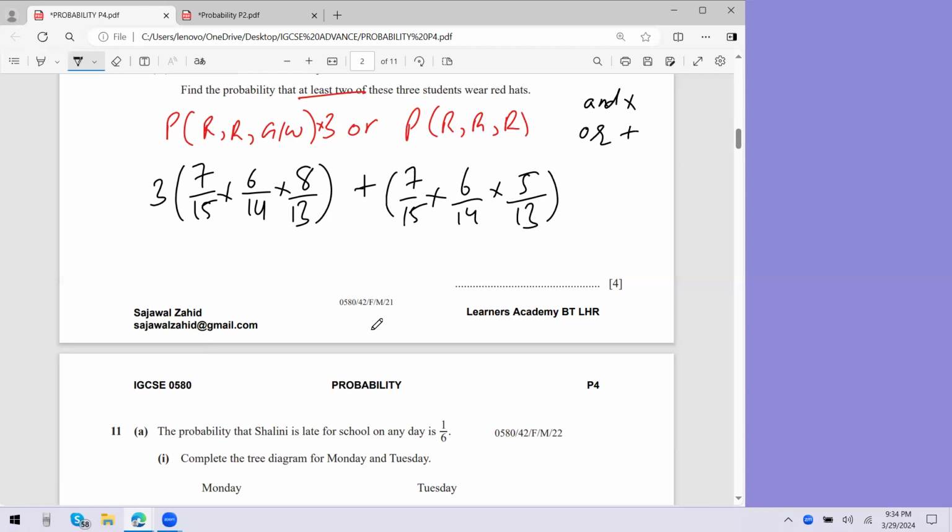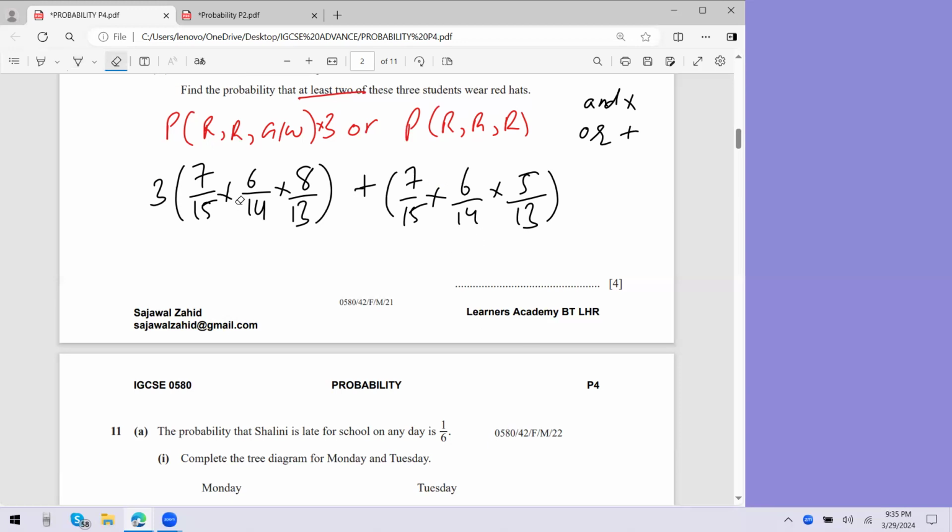Please find the answer now. What will be the answer? Yes, anyone got the answer?